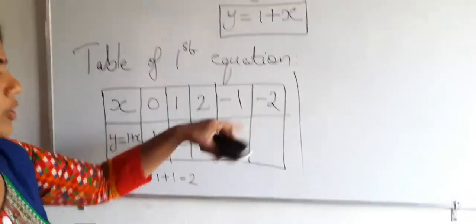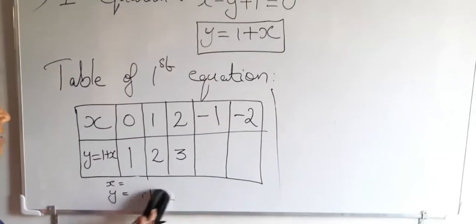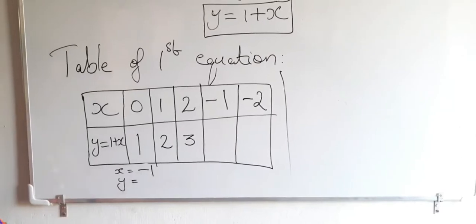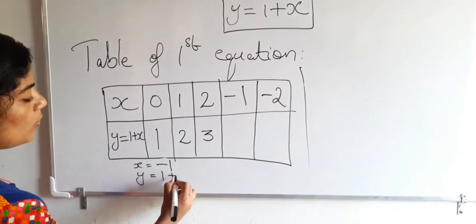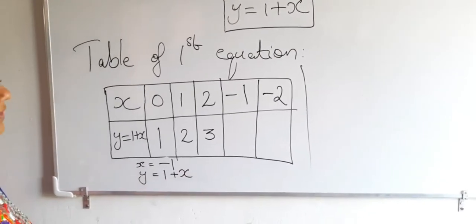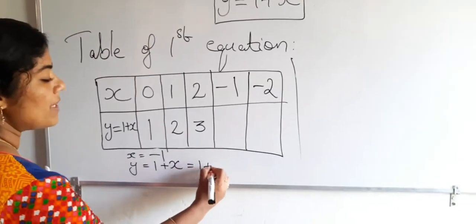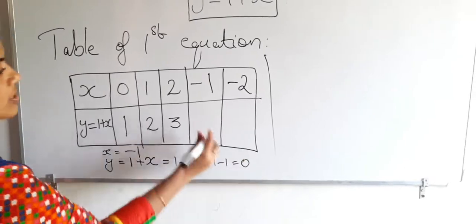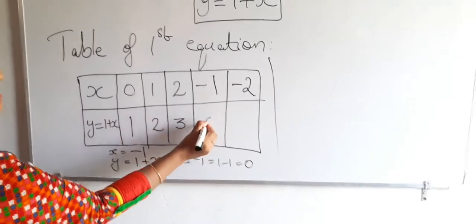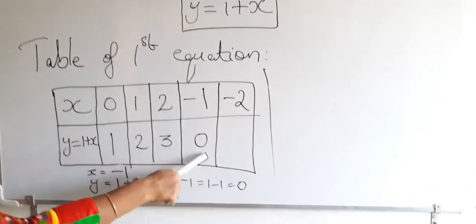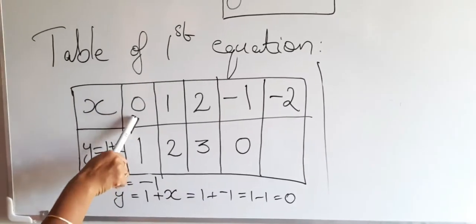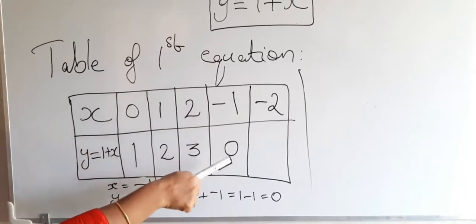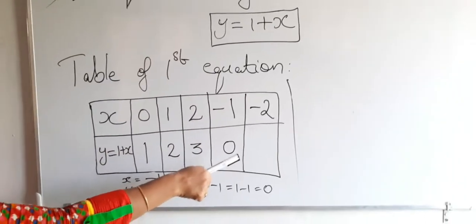Similarly, when x equal to minus 1, y equal to 1 plus x, which is equal to 1 plus minus 1, which is equal to 1 minus 1 equal to 0. So when x equal to minus 1, your answer will be 0. So see these points. When x equal to 0, you got y equal to 1. When x equal to minus 1, you got y equal to 0.